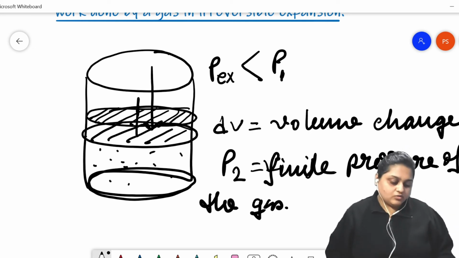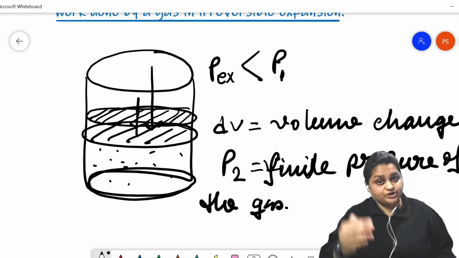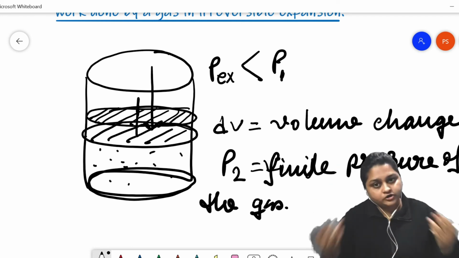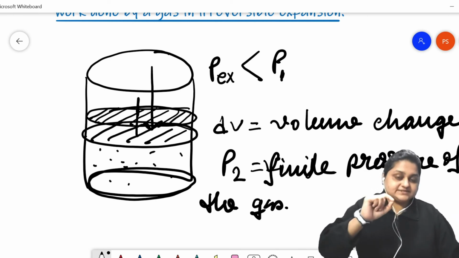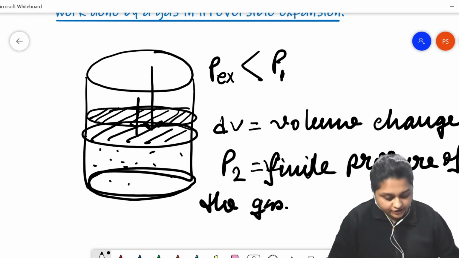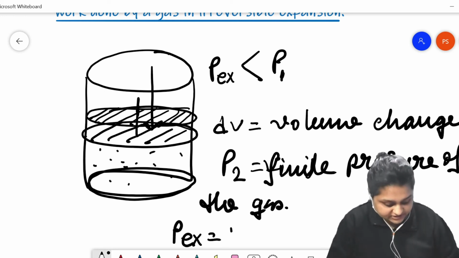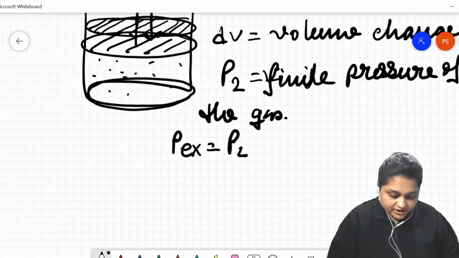When the internal pressure of the gas becomes equal to the external pressure, the expansion process will stop. So, the external pressure is actually equal to the final pressure of the gas in this process, P2.